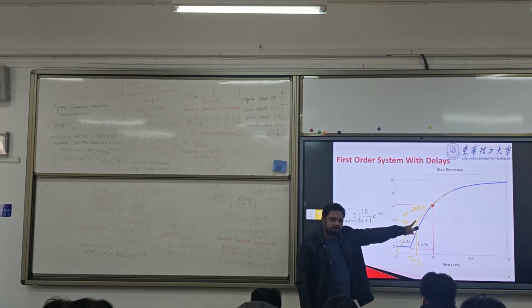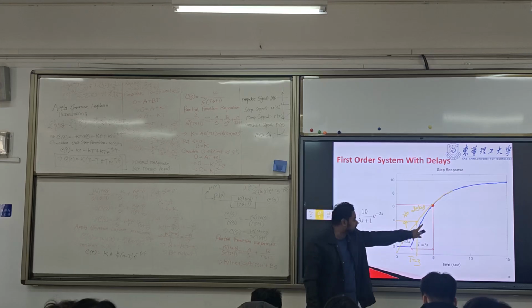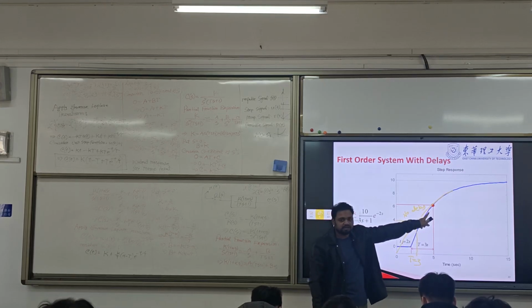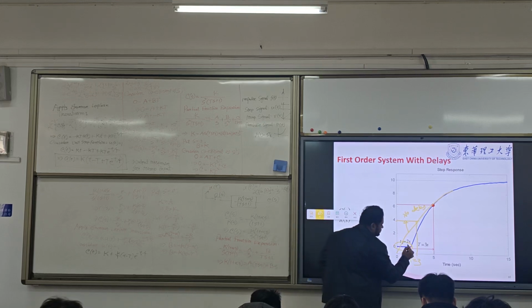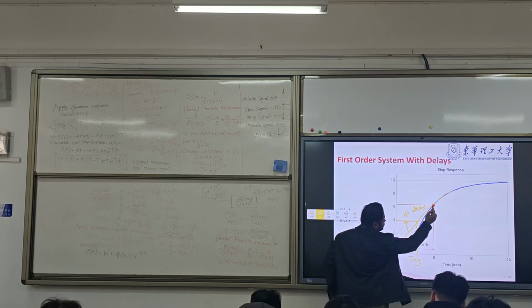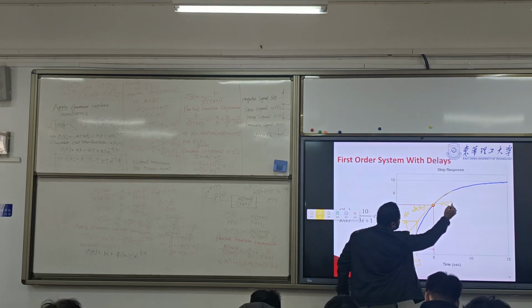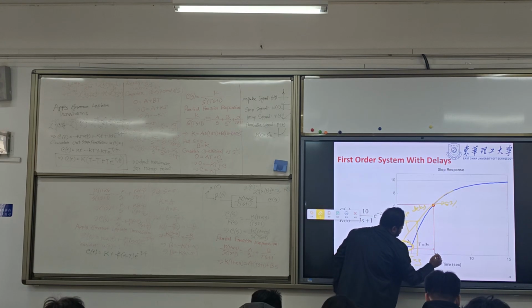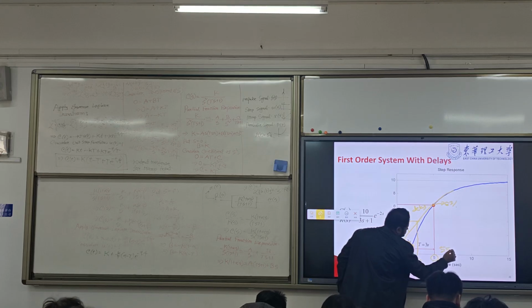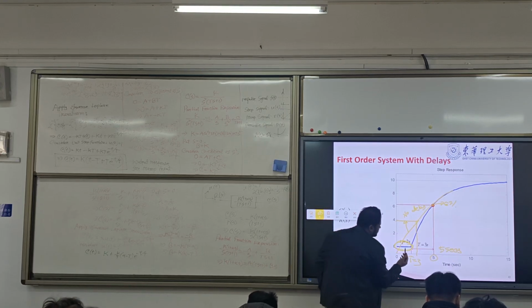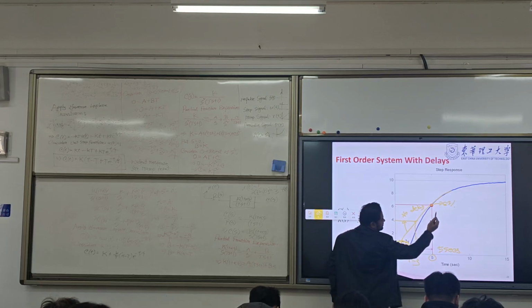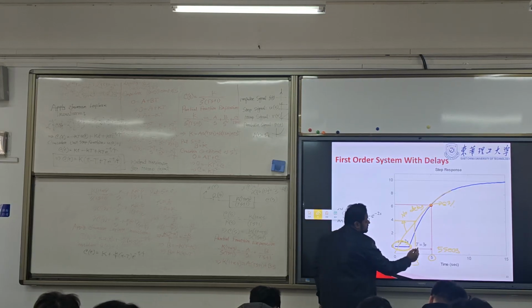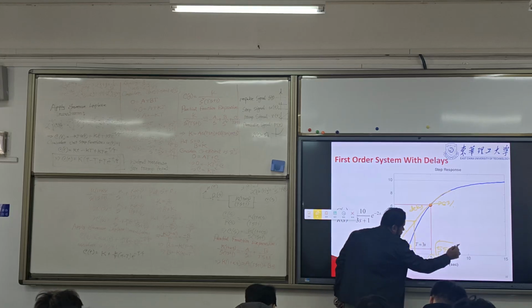It will start to respond, and after 3 seconds, it will reach 63%. So the system will reach 63% in 5 seconds. The delay is 2 seconds, and the time required for 63%, the first time constant, is 3 seconds, total is 5 seconds.